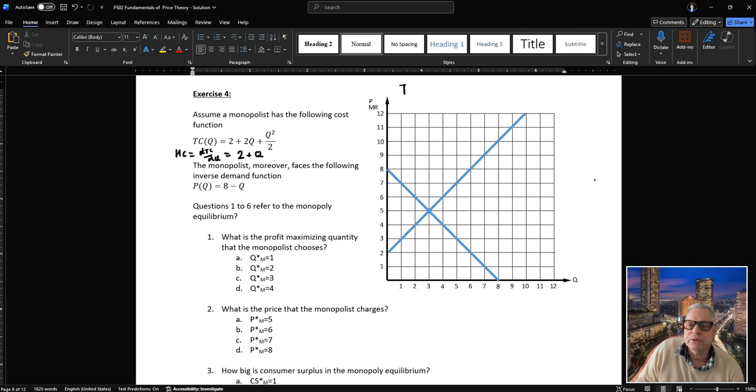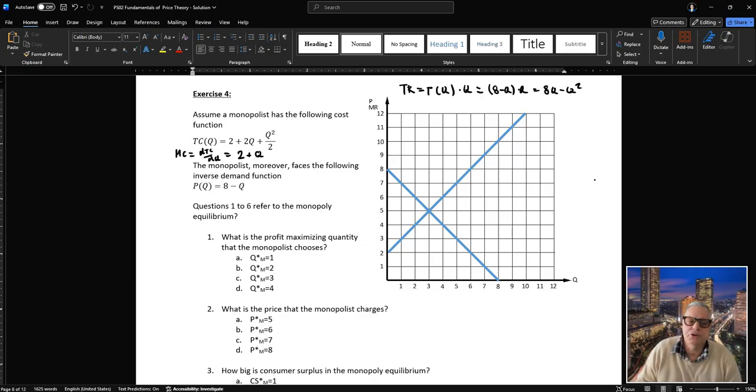So the total revenue is price as a function of q times q, and specifically our demand function 8 minus q, because that is the price, p of q, times q, which is 8q minus q squared.